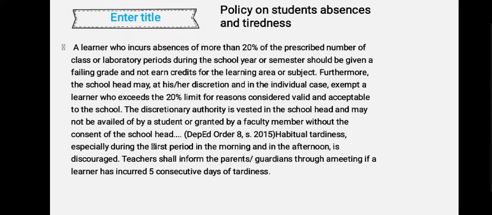Habitual tardiness, especially during the first period in the morning and in the afternoon, is discouraged. The teacher shall inform the parents or guardian through a meeting if a learner has incurred 5 consecutive days of tardiness. Excessive absences or tardiness may affect the quality of a student's academic performance. The college expects all students to attend classes regularly.